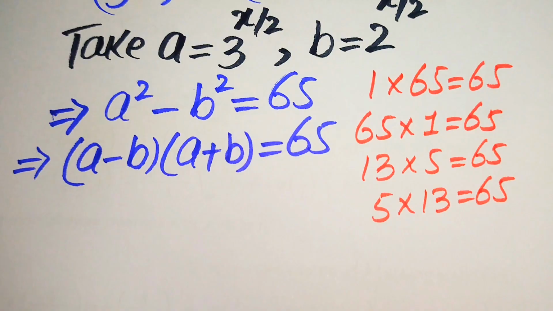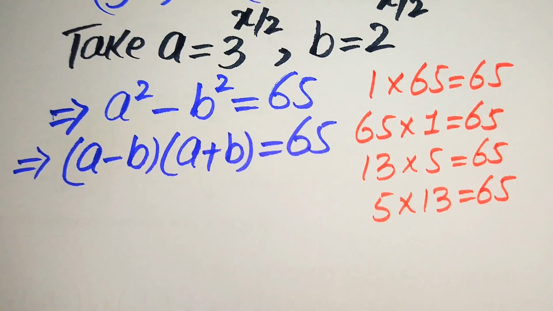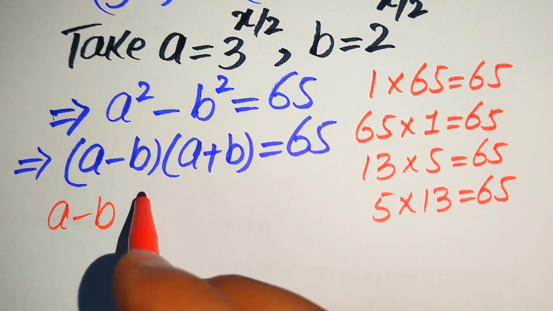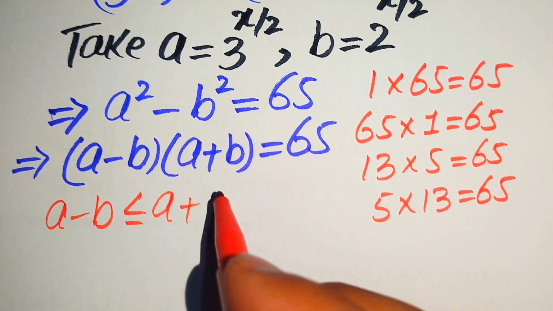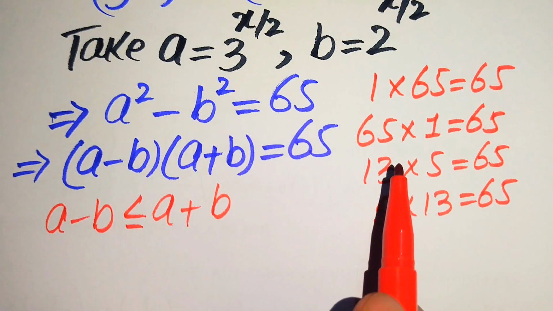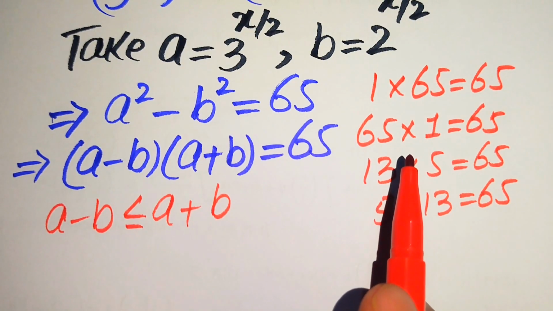These are the four possibilities in which the product of two positive integers is 65. Since the factor a minus b is always less than a plus b, we choose those possibilities in which the first number is less than the second number.